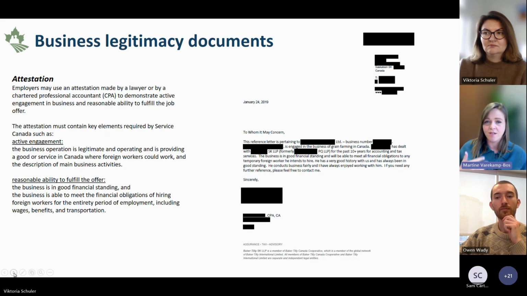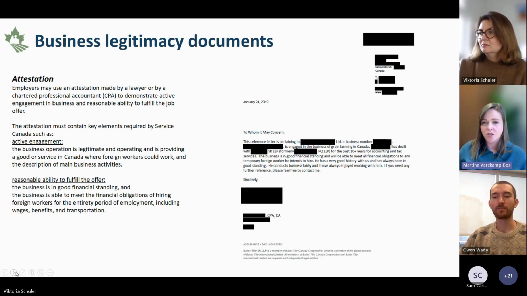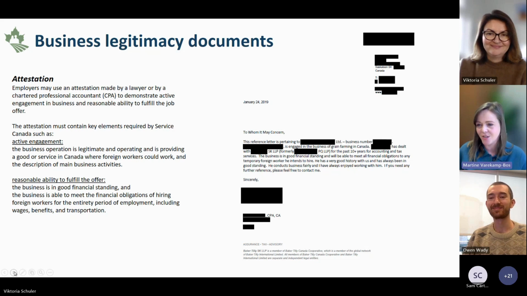CARC has done, actually, Victoria's done a great job in preparing these slides as well, but here is a sample of an attestation. And just recently, Service Canada actually put a link to a sample attestation on their website as well, which has been very helpful, because I find that CPAs are like, well, what do you actually want me to write in this attestation? So the sample here is great.